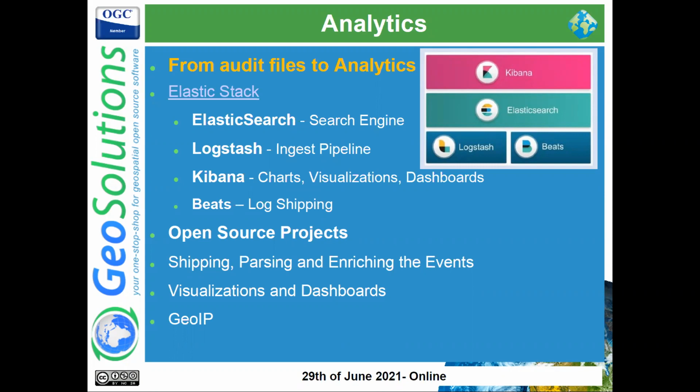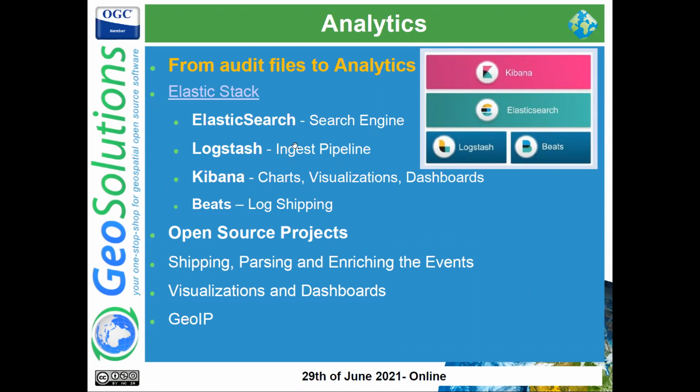Each one covers one of the areas that we're talking about. Elasticsearch is basically where you centralize all your logs. It's a search engine. That's where you ingest all the log events or audit events, to have them available and viewable later on.